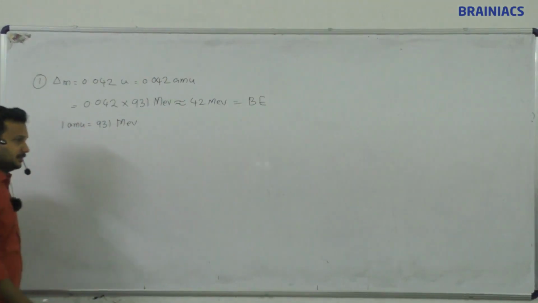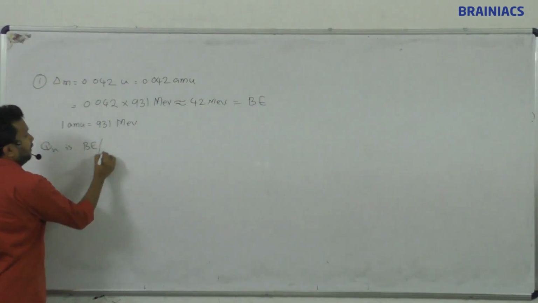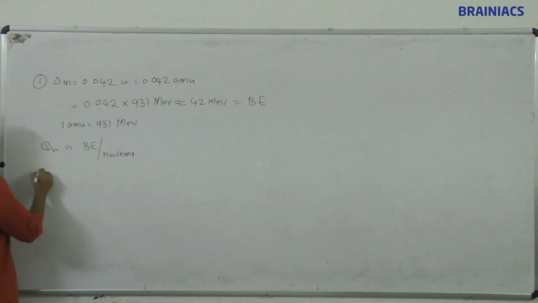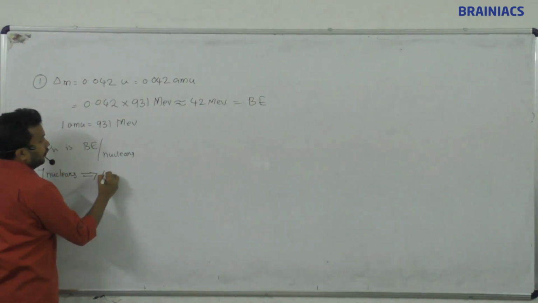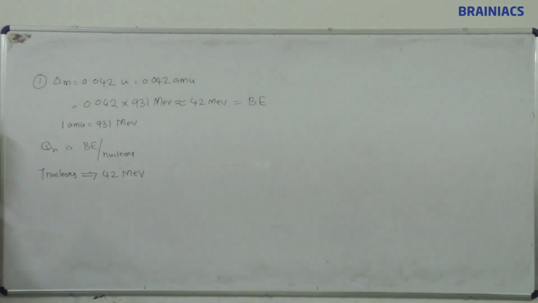But what is the question? The question is binding energy per nucleon. How many nucleons will be there? 7. So 42 mega electron volt is the total binding energy for all the nucleons.